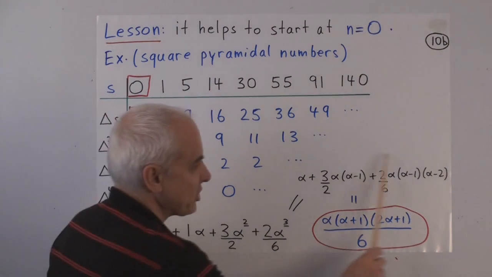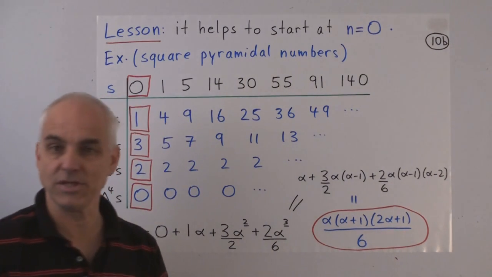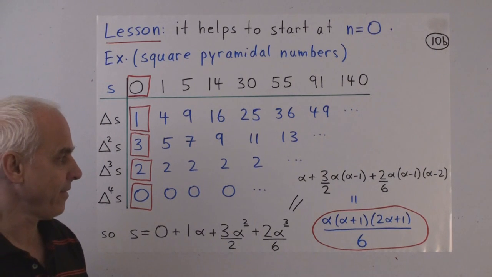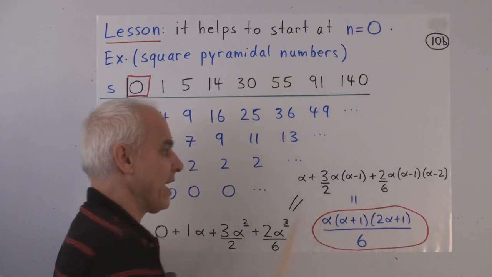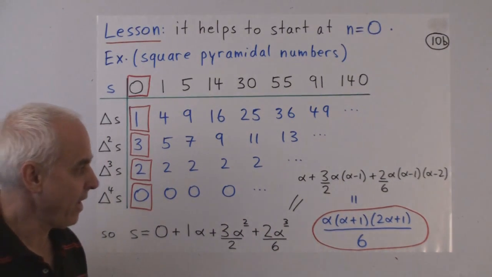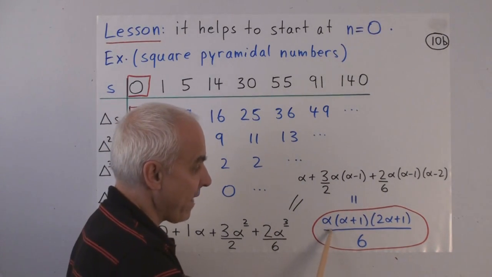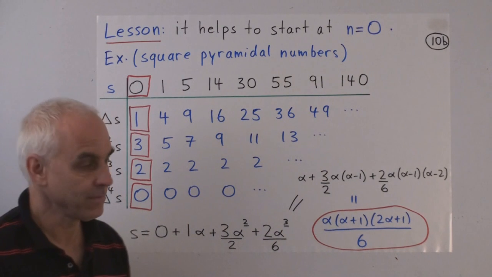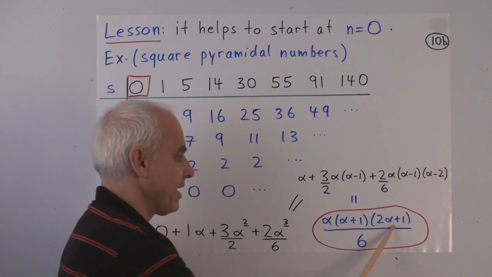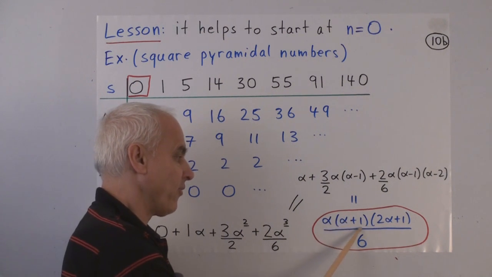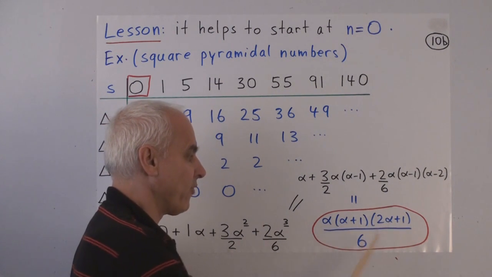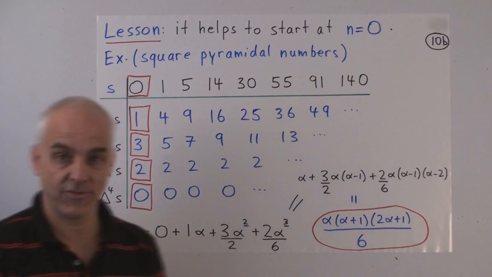So this is now an expression that we can evaluate just using algebra. Expand it all out, collect like terms, and after you've done that, even better, factoring it. Okay, factoring it ends up with this lovely expression. Alpha times alpha plus 1 times 2 alpha plus 1 all over 6.